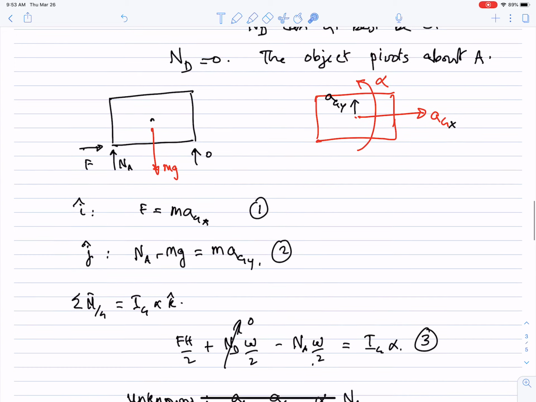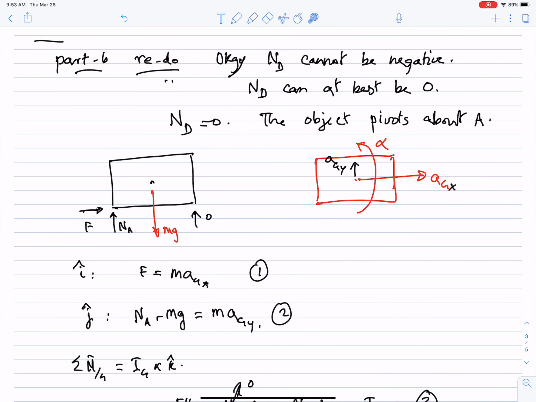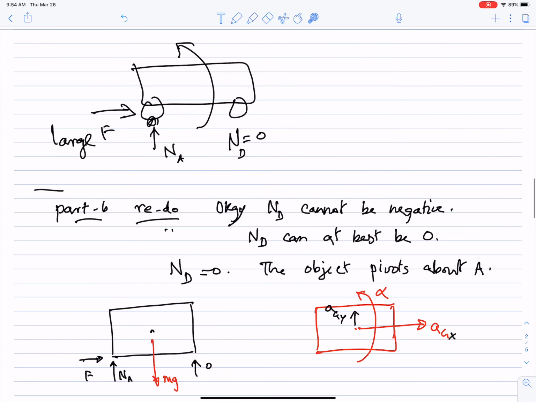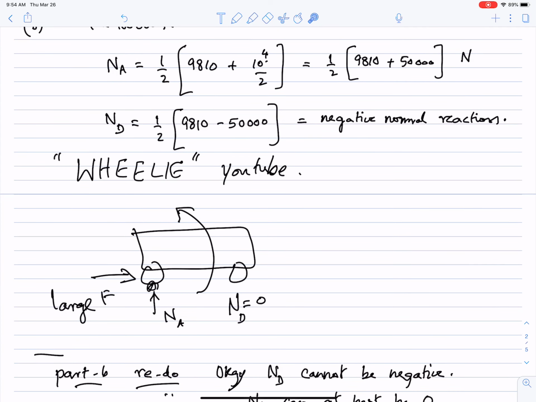So that's how you would solve the problem if you allowed for the fact that the object is doing a wheelie, which means that this point is scooting along the ground horizontally, this point is taking off just barely, and there is linear acceleration for the center of mass in both the x and y directions, and then there is angular acceleration. So that's what happens when the horizontal force is very, very large.